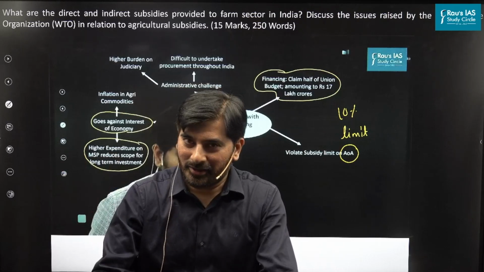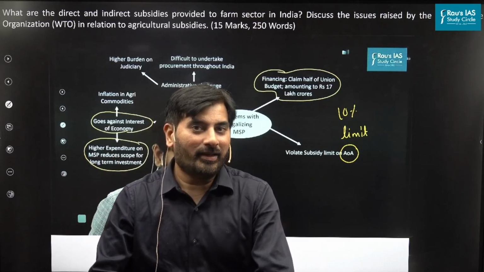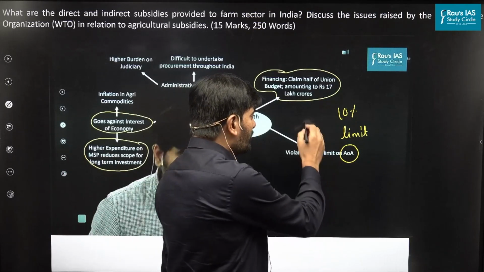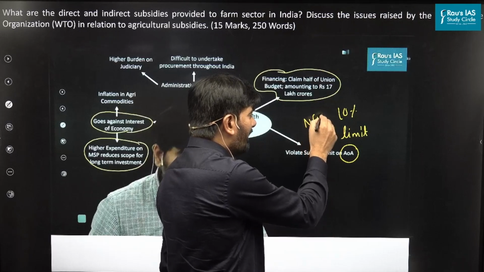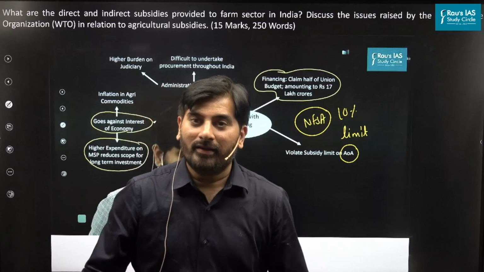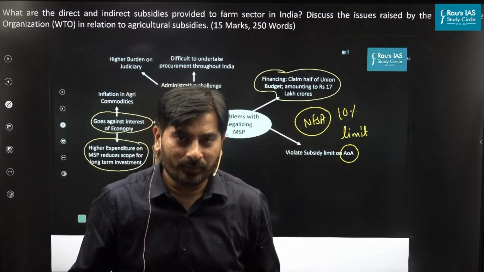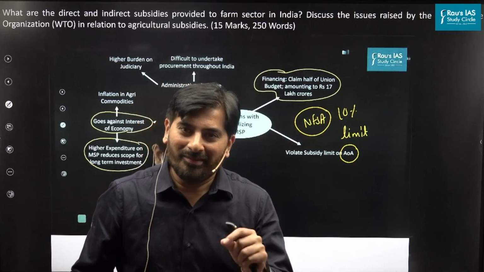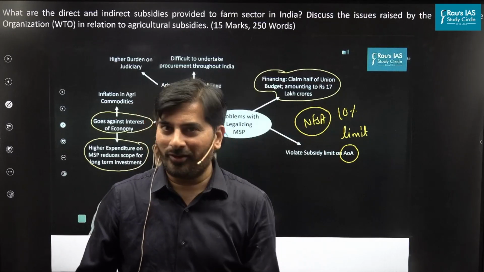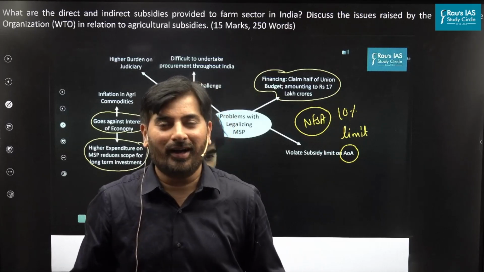on agriculture. But as you know, the Indian government is presently implementing the National Food Security Act. In order to implement the National Food Security Act, the government is required to give subsidies over and above this limit of 10%. So India's implementation of the National Food Security Act is in direct conflict with the agreement on agriculture.